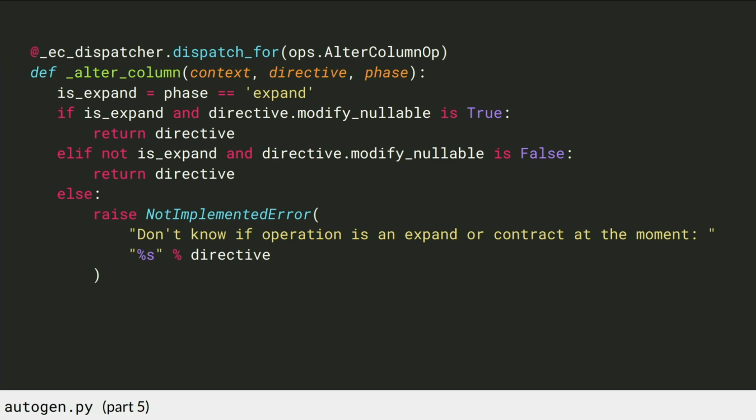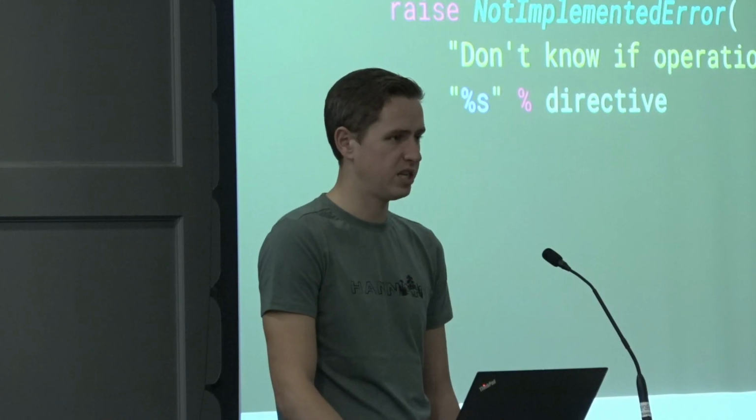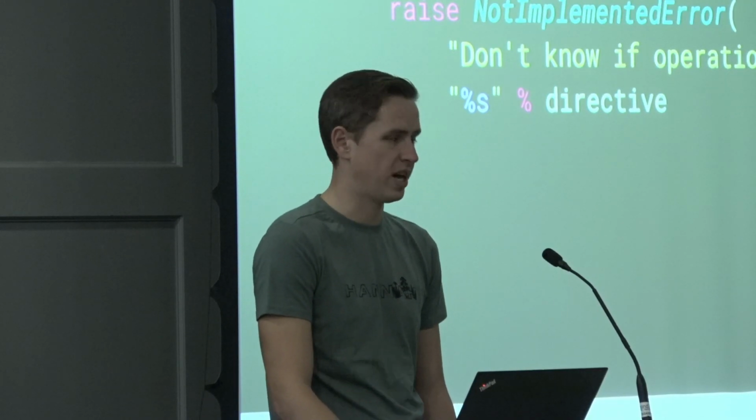And then finally, this one's a bit weird: altering columns. Most of this stuff is based on what we do in a couple of projects in OpenStack, and we've made a decision in OpenStack that the only thing we're going to support from an auto generation perspective is modifying the nullable, or the null attribute, of a column. Everything else is a bit weird. So for example, if you're modifying a server default, is that an expand or contract operation?